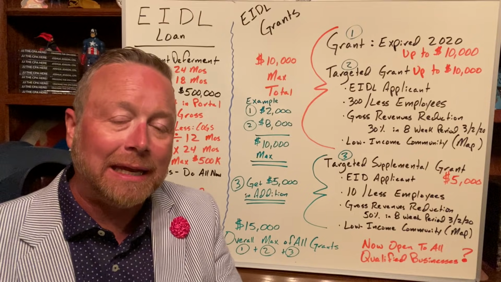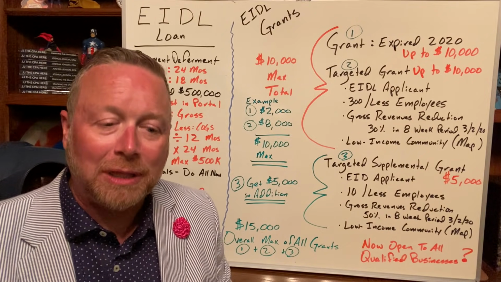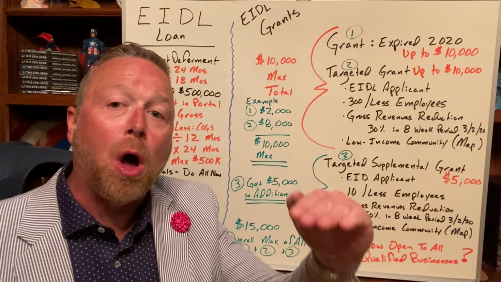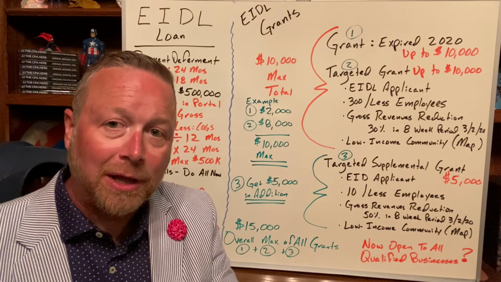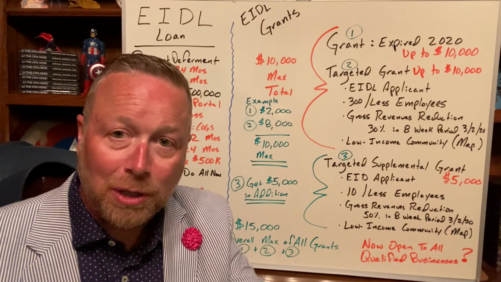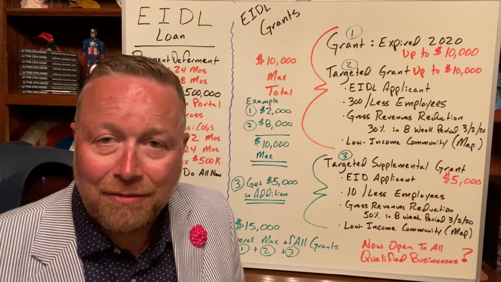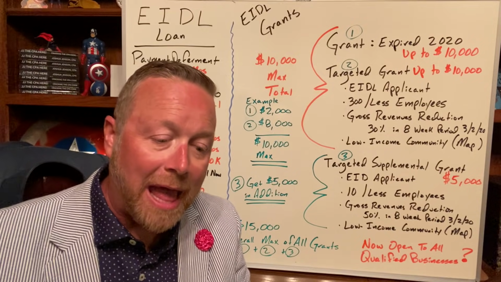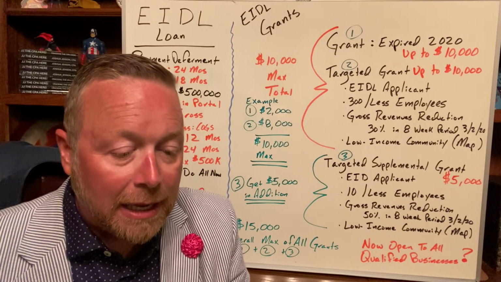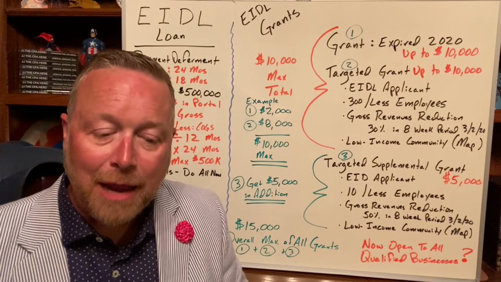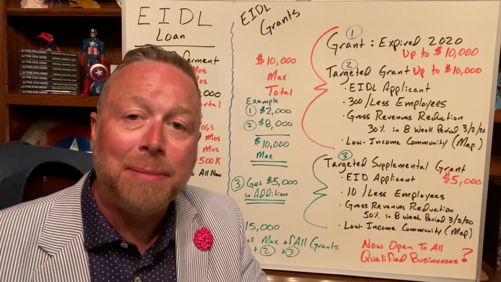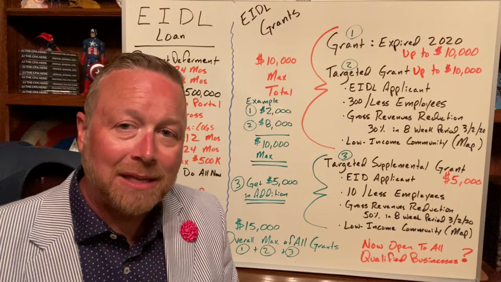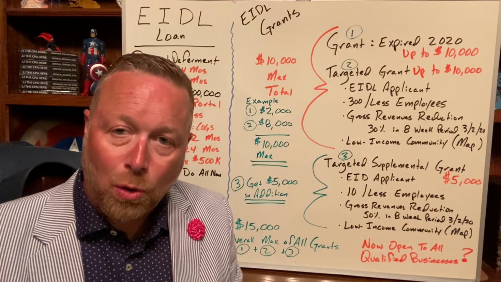I've given you a link not to the PDF, but to the page that includes the FAQs in all older versions. So when you click on that, which could be later than July 5th, if it indicates that the FAQs are newer than the 27th of April, then you know that they've been updated. But nowhere on the website have I found yet where they've opened this up to all qualified businesses.